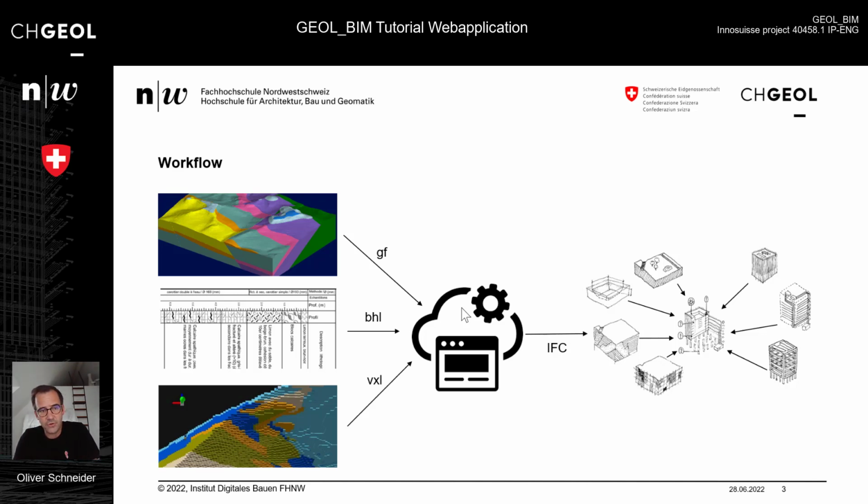In this web tutorial, you will see that we have different kinds of geological information, and these three kinds are divided into GF, geologic features, which are mainly 3D surface models.